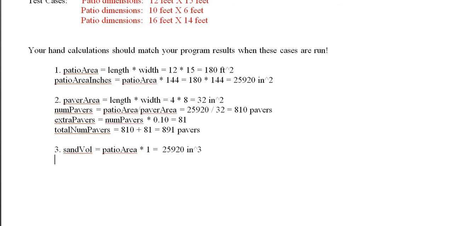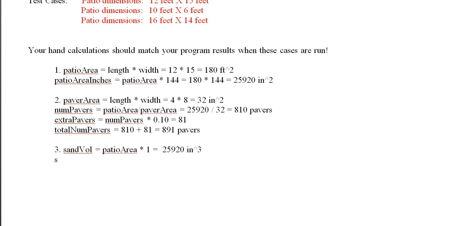So let's convert cubic inches to cubic feet. We remember that square inches to square feet is 144, so if we multiply one more time by 12, we will get 1728, which is cubic inches to cubic feet.